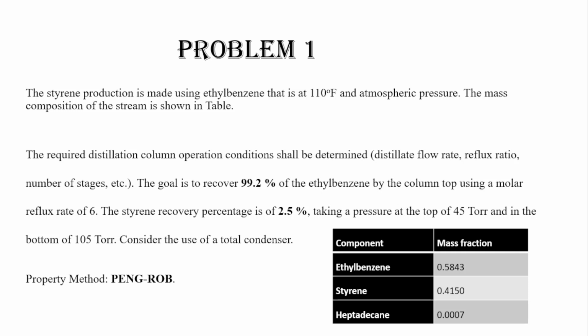Consider the use of a total condenser, and a property method has been suggested to us as Peng-Robinson. We should use Peng-Robinson. So this is our problem. Now we are supposed to open a new ASPEN Plus case and enter the chemical components and select the property method. Then we continue from there.